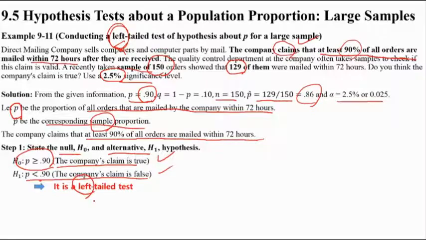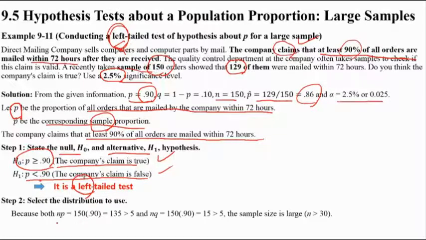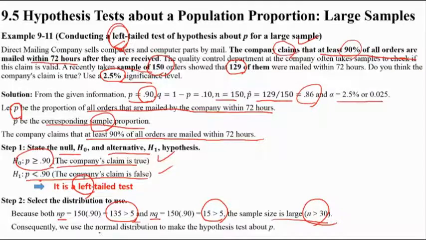Okay, left tail test. So first of all, check that NP and NQ are greater than 5 and the sample size is large. So we use the normal distribution to test the hypothesis on P, using the Z value.